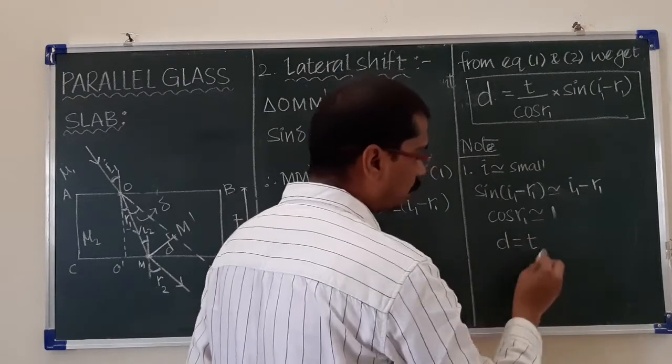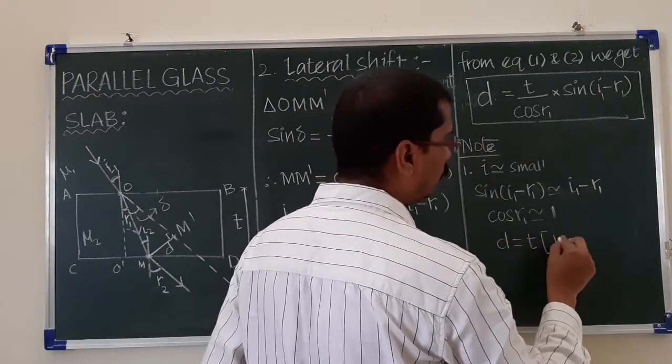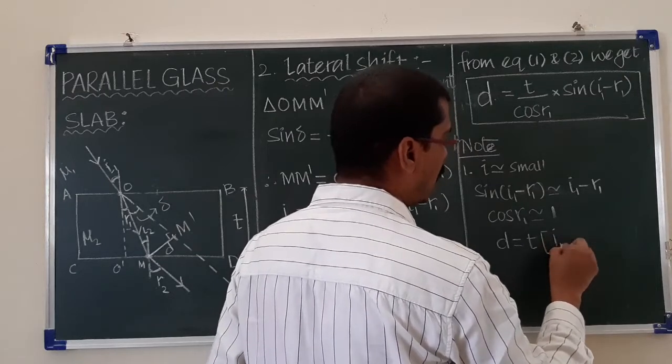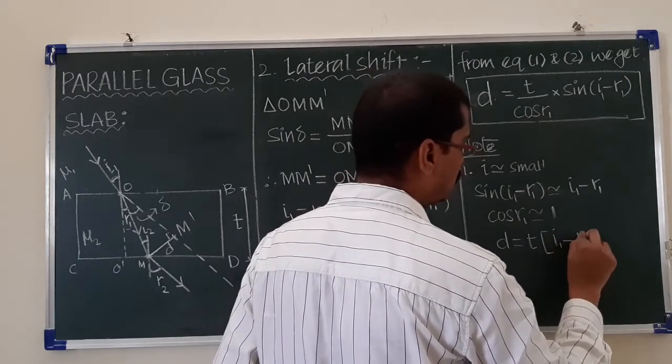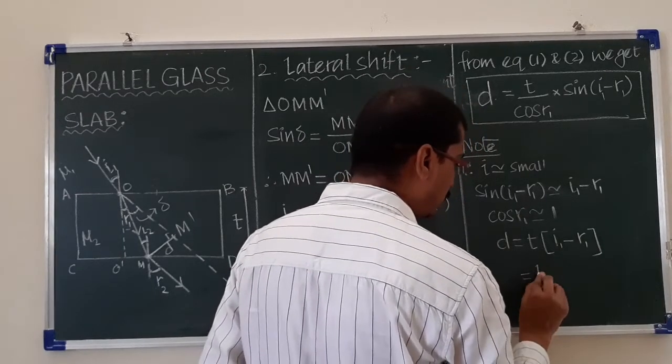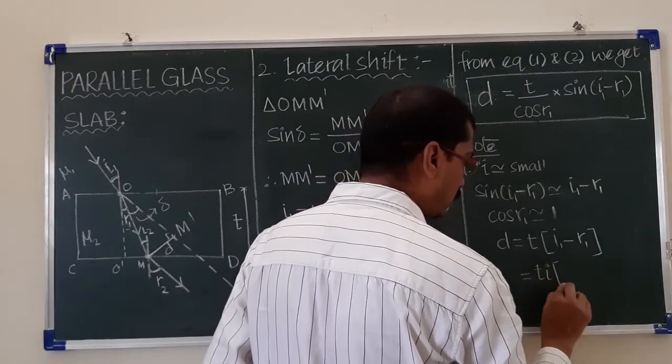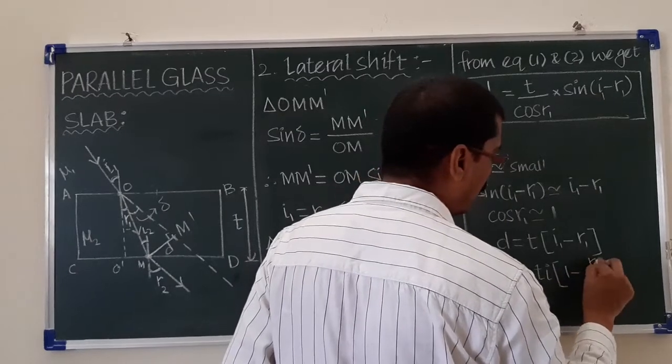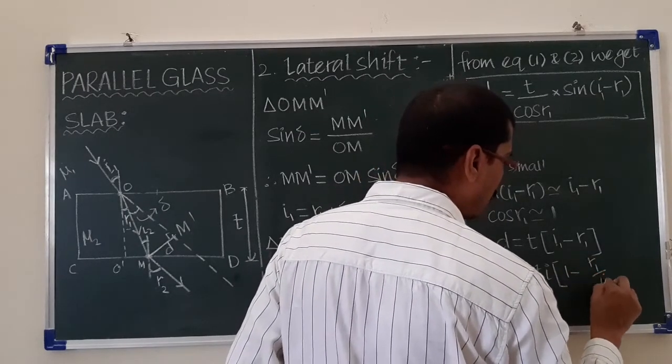Now substituting all the values, D equals t into I1 minus R1. Now take I1 common: t I1 into 1 minus R1 upon I1.